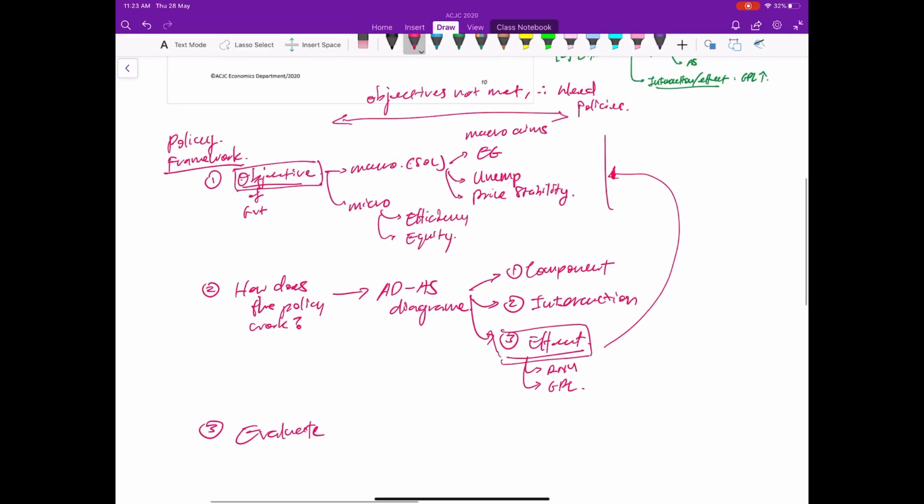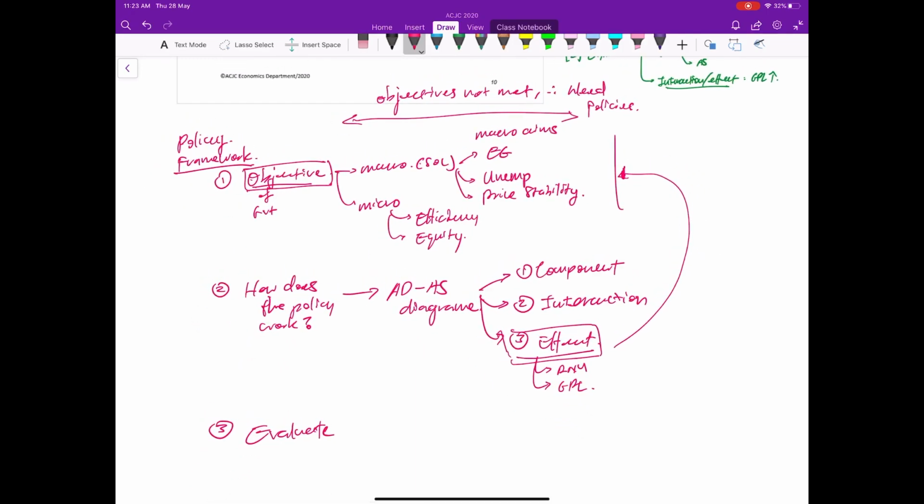There are basically three main steps you want to consider when you approach any policy type question. The first is, what is the objective of the government when they implemented the policy? Okay, so when we are talking about macro, the overarching goal of the government is always to increase the standard of living of their residents, and in turn, the macroeconomic aims. So you want to pursue economic growth, unemployment, and price stability.